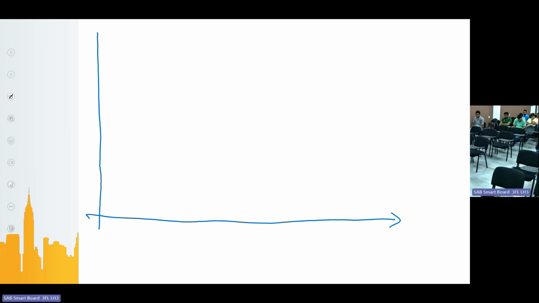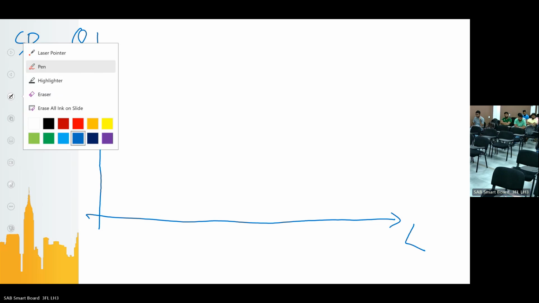When we were drawing production curves for the short run, we put labor on the horizontal axis and output on the vertical axis.